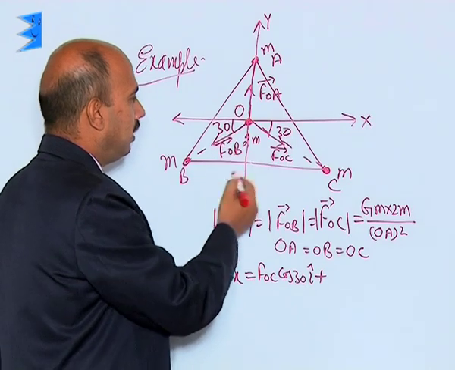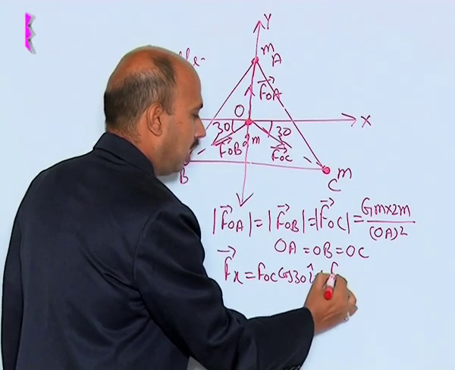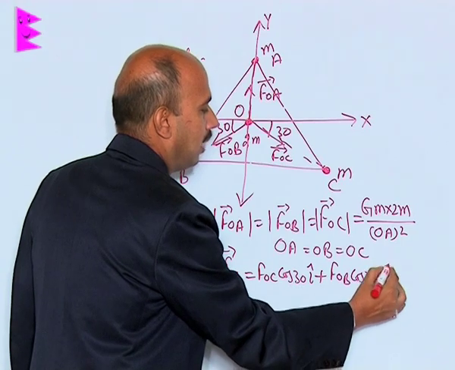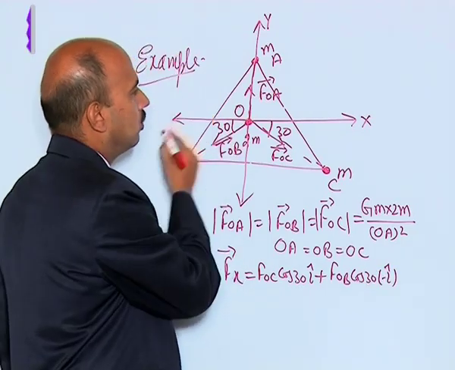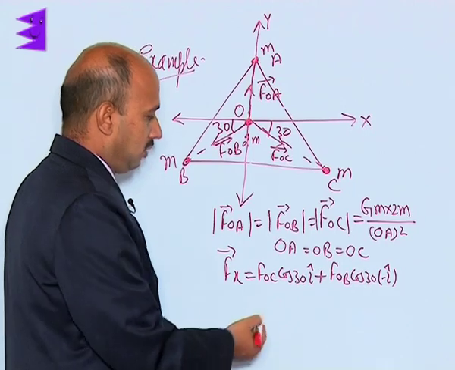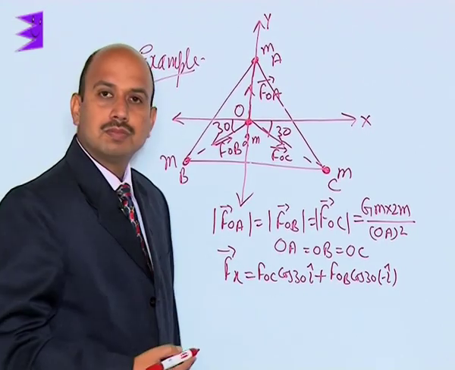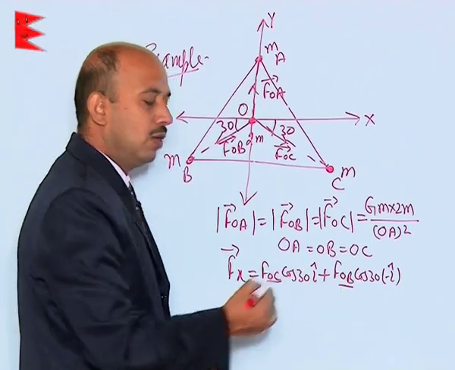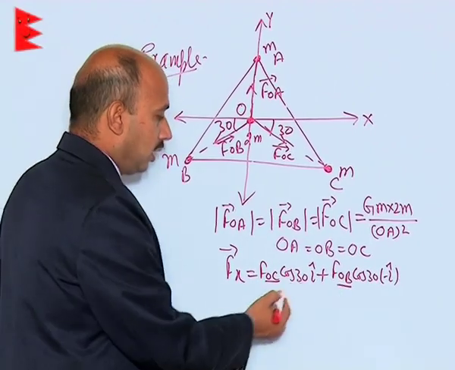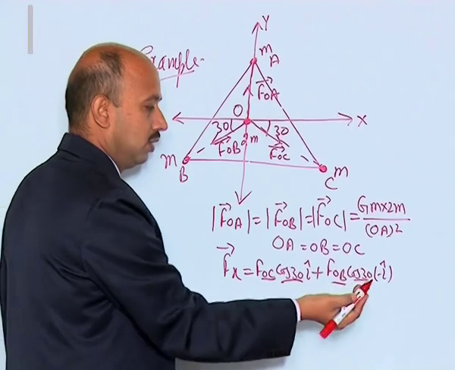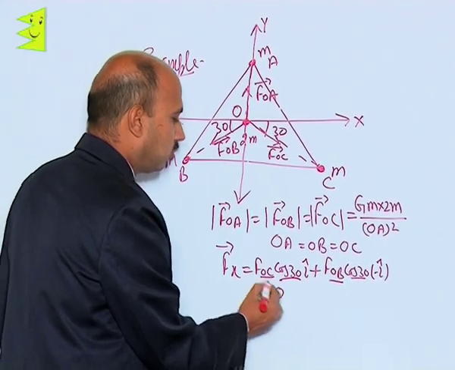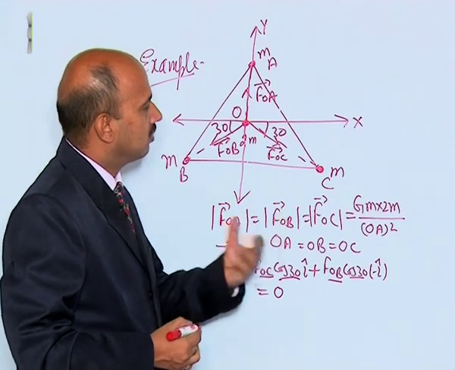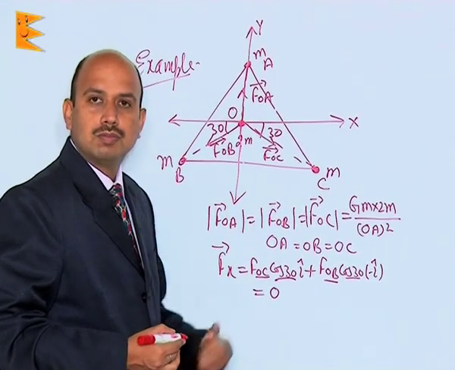Similarly, FOB, its x component is FOB cos 30 minus i cap, because it is going to this side. These are the only two x components. So FOC and FOB are equal, cos 30 are equal, so obviously the net force will be 0. So the net force along the x axis is 0.